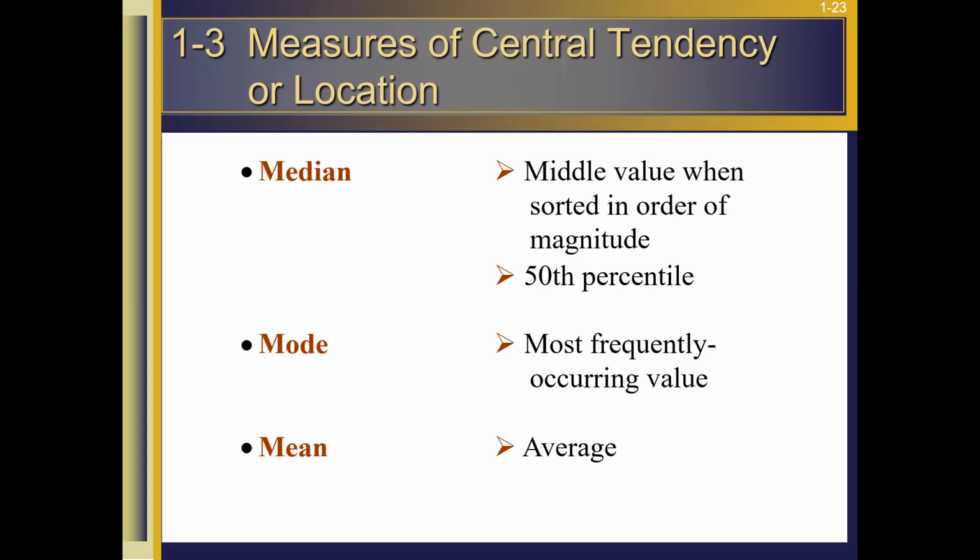The next important one is the most frequently occurring value, that is called the mode. And the last one is the mean, which is the average of the data set. Got it? Anything you need, you can write.